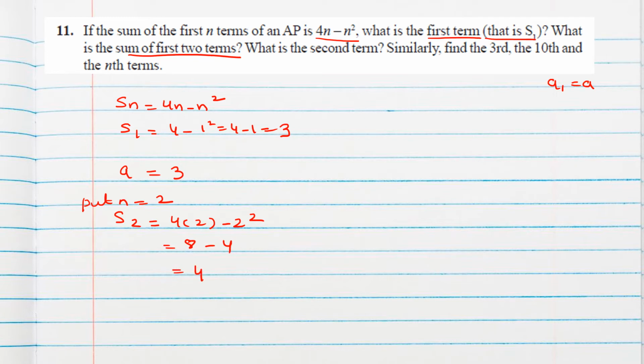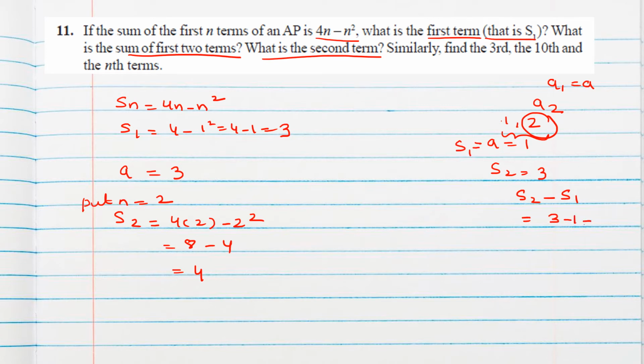Now we have, suppose 1 and 2, two terms are there. First term is 3 and S2 means sum of both the terms is 4. So how can we find the A2 term? If we do S2 minus S1, this is first term, which is S1 also. So 4 minus 3 if we do, we'll get the second term.